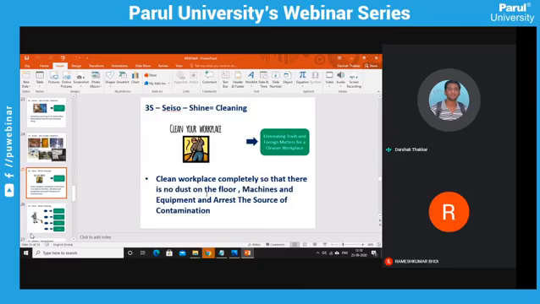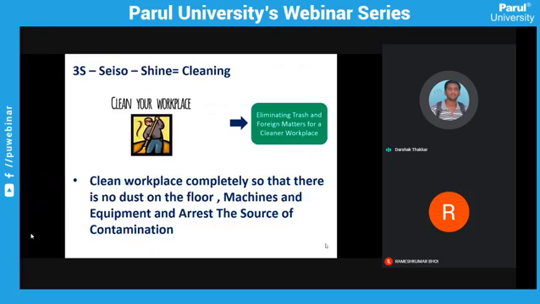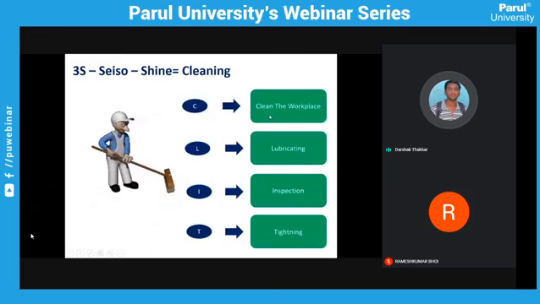Basically here clean means CLIT, right? First, C means clean your workplace, right? L means lubricating. If you are working with machinery and tools, you have to lubricate them on a regular basis so they will work properly. Third one is inspection.